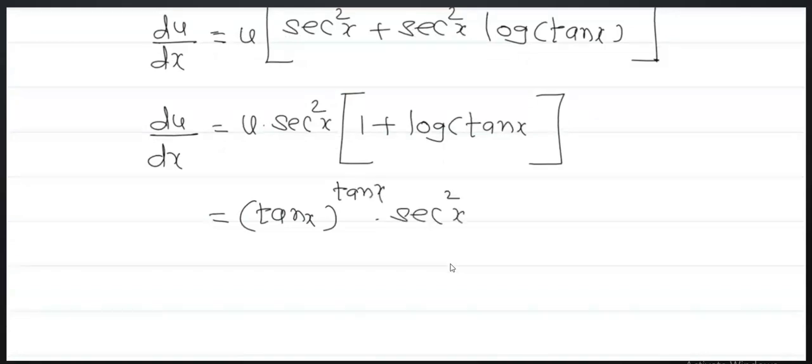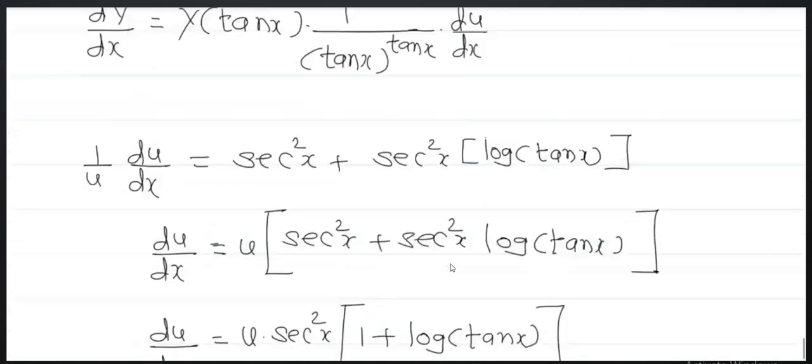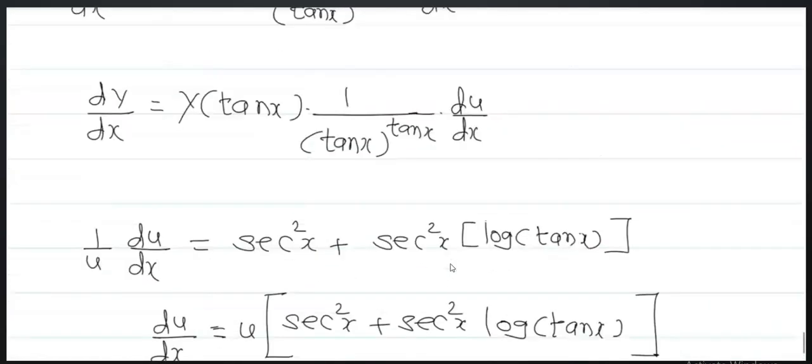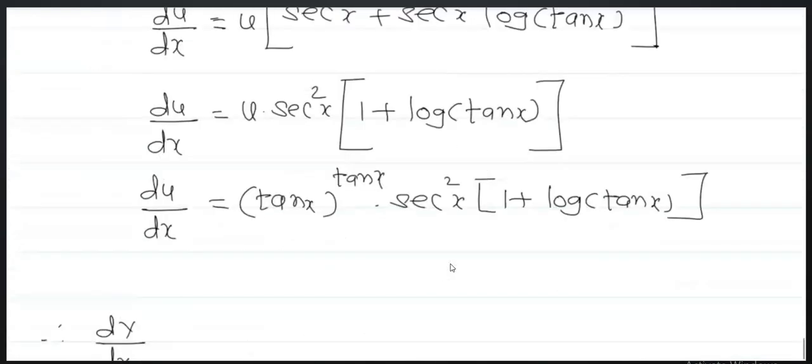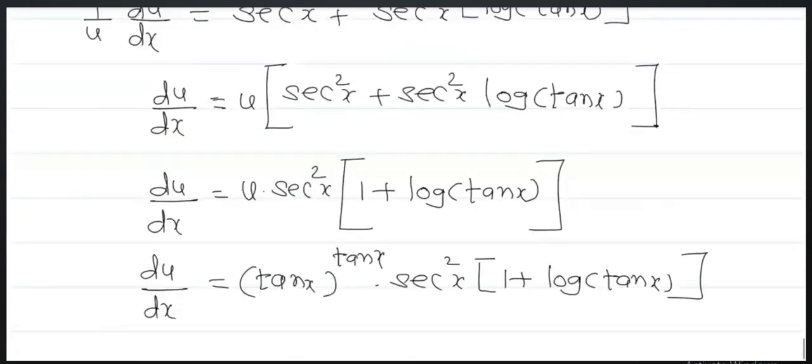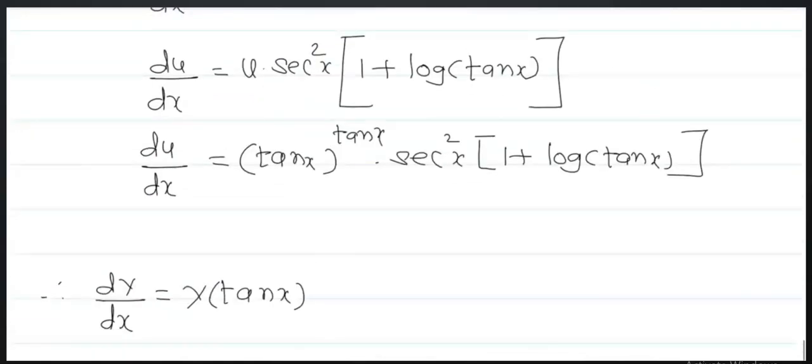Therefore, du by dx is tan of x raised to tan x into sec square x in bracket 1 plus log of tan x. Therefore dy by dx is equals to the final answer.